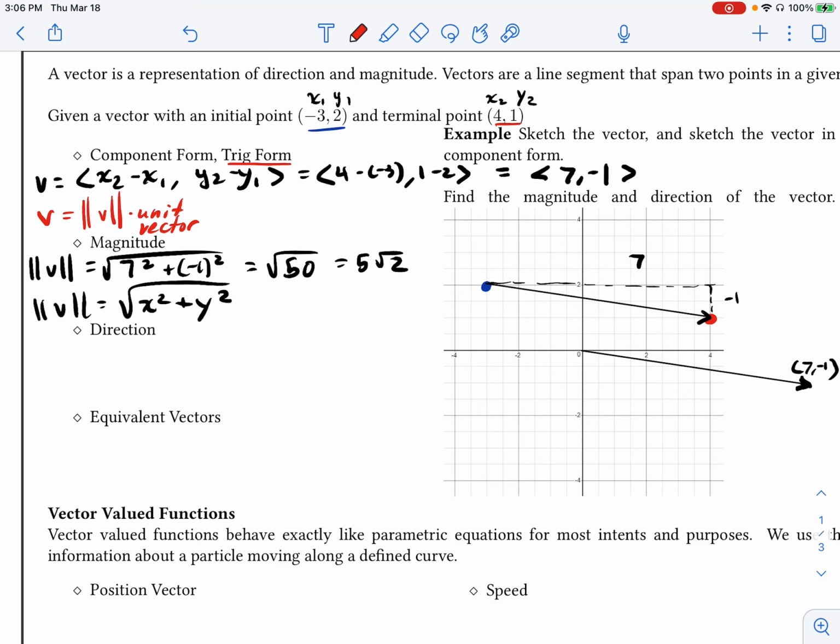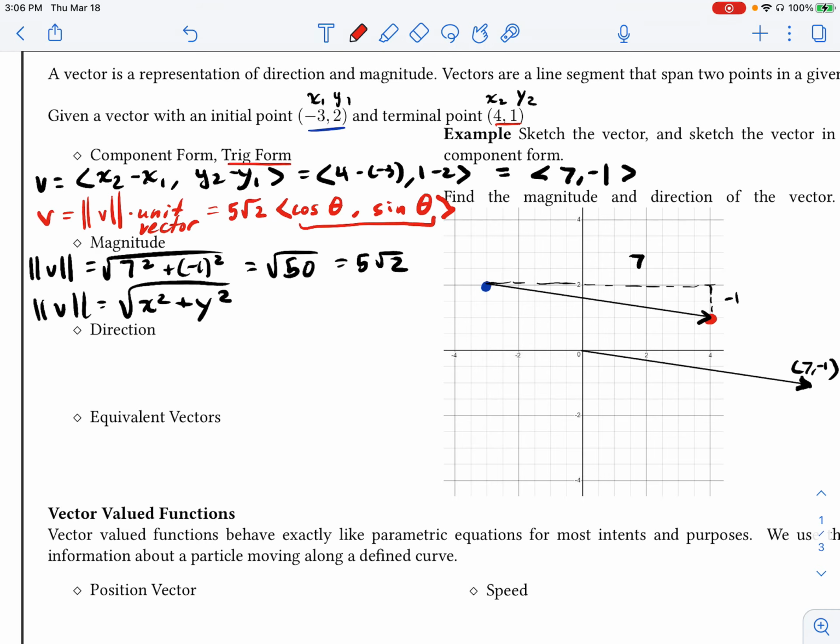So we can describe that by just writing the vector divided by its own magnitude, or we can also write it in trigonometric form. So in this particular case, I'm going to say that the magnitude of my vector, which we said was 5 root 2, times the following: the cosine of my angle theta, comma, the sine of my angle theta. This is going to give me my unit vector here.